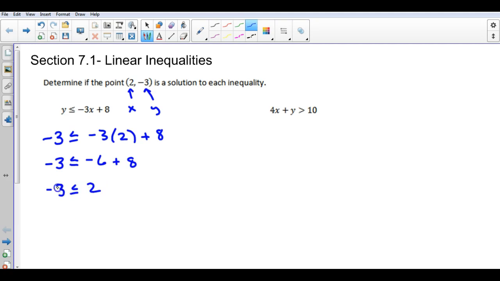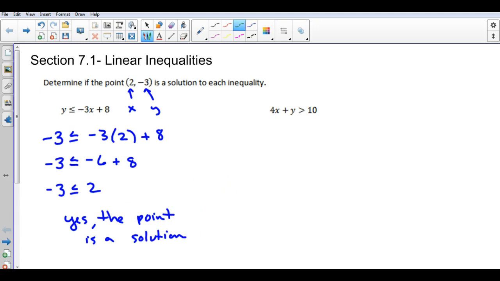So that is true. Negative 3 is definitely less than or equal to positive 2. So what you would say is yes, the point is a solution. And again, there's going to be an infinite number of solutions to these problems because they are inequalities. So multiple points are going to be solutions.